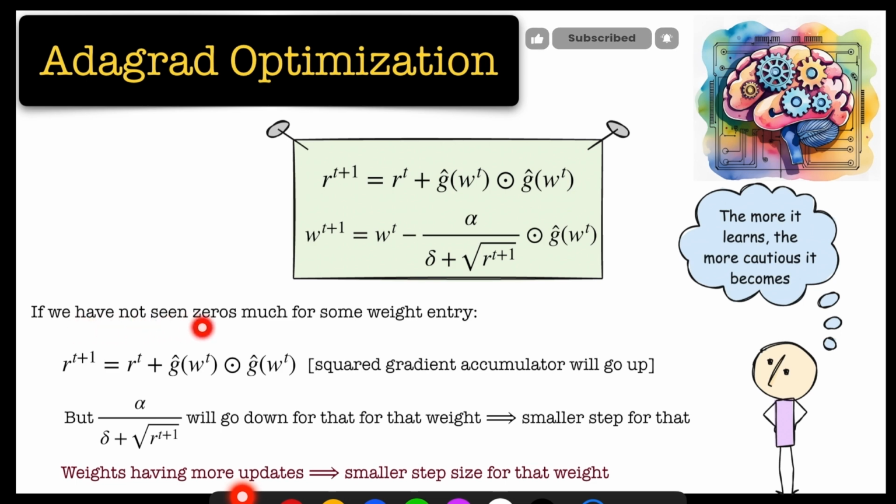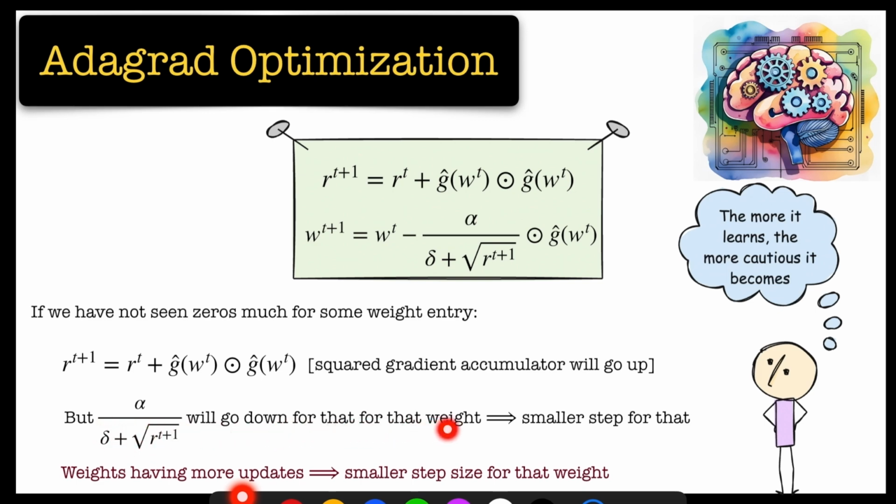Now if we haven't seen zeros much for some weight entry, so we have not seen zeros much, right? So this squared gradient accumulator will go up, right? So for non-sparse elements, basically, this will go up. Then alpha over delta plus square root of RT plus 1 will go down because we are dividing by this, right?